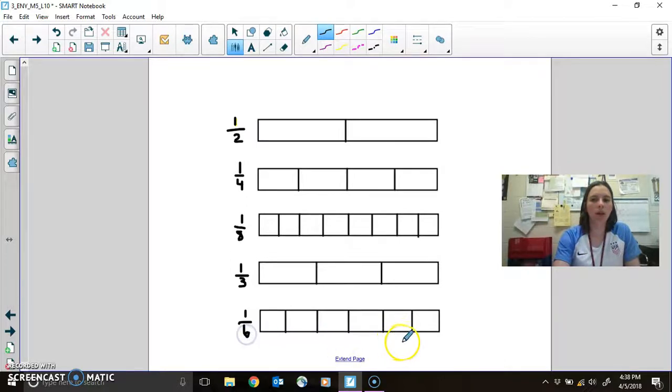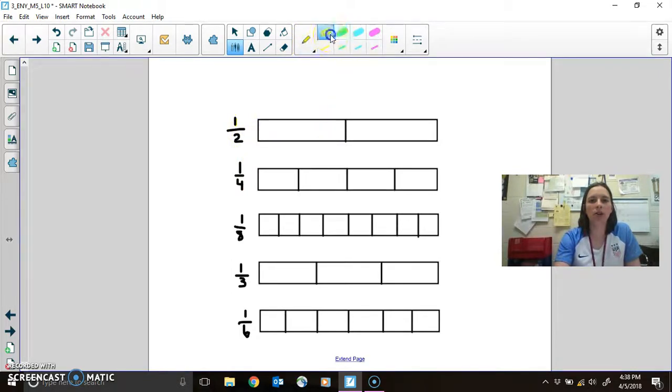As I was writing those, some of you may notice all of them had 1 to start in that numerator. We call that top number the numerator. And if you remember, if they have that 1, we are talking about unit fractions. So it wants us to shade 1/2.